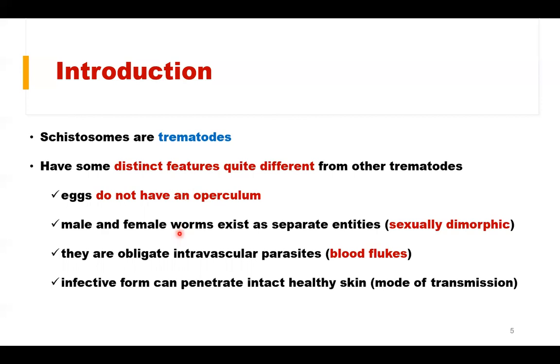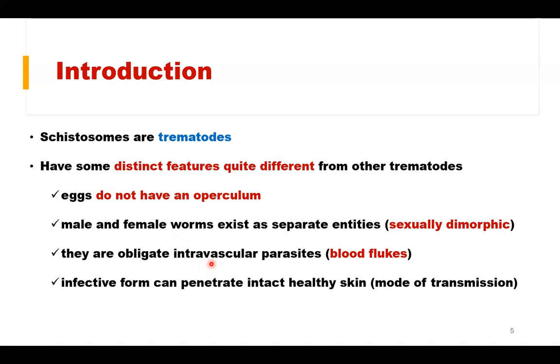Unlike other trematodes, schistosomes exist as separate sexes. So you have the male worm and you have the female worm lying within the male worm. They are also intravascular parasites, so they are within the vascular system. So we refer to them as blood flukes. Other trematodes are found in other tissues, such as the lungs.